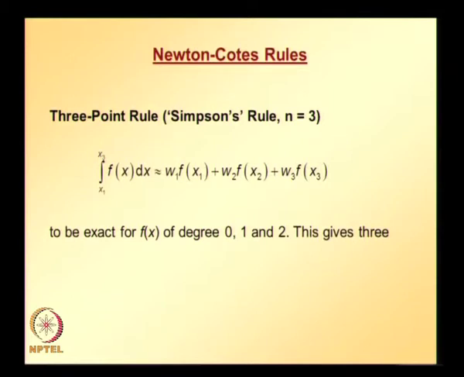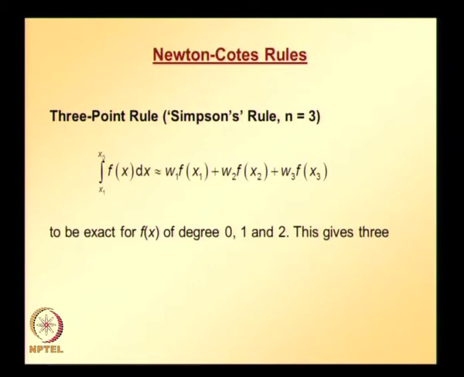So once we know the upper limit and lower limit, we can easily figure out what is the x1 value, what is the x2 value, what is the x3 value. We can easily evaluate the function at these points, and the only unknowns are w1, w2, w3, and here let us see how we can evaluate w1, w2, w3.